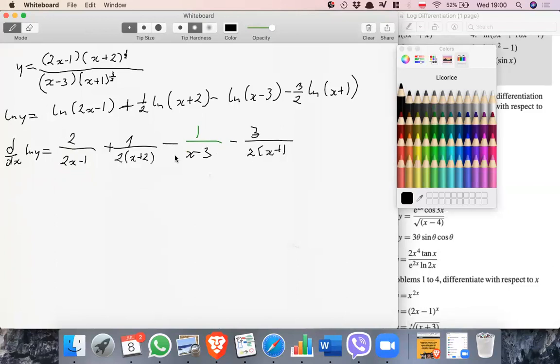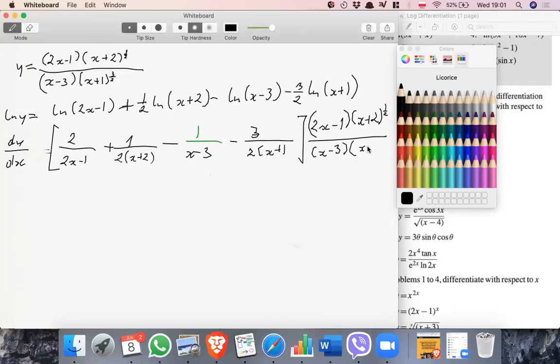And rather than rewriting it again, I'm just going to say that dy/dx equals this multiplied by the function, which is 2x minus 1 by x plus 2 to the power of half, all that divided by x minus 3, and then again x plus 1 to the power of half.